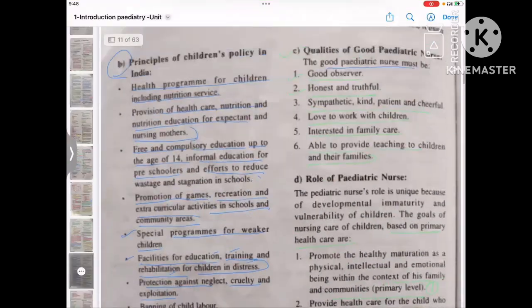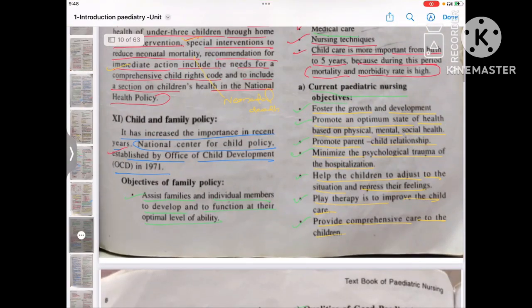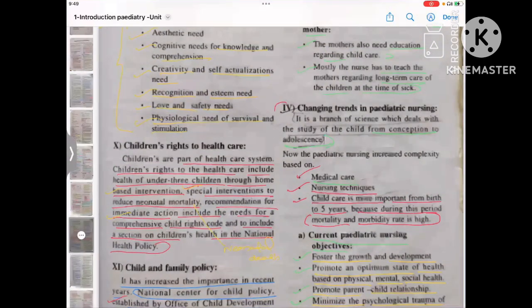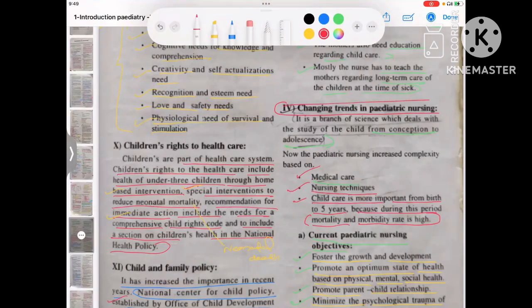So we have seen the changing trends in pediatric nursing. It's very, very important. They will ask it for 5 marks, so you should study this one.